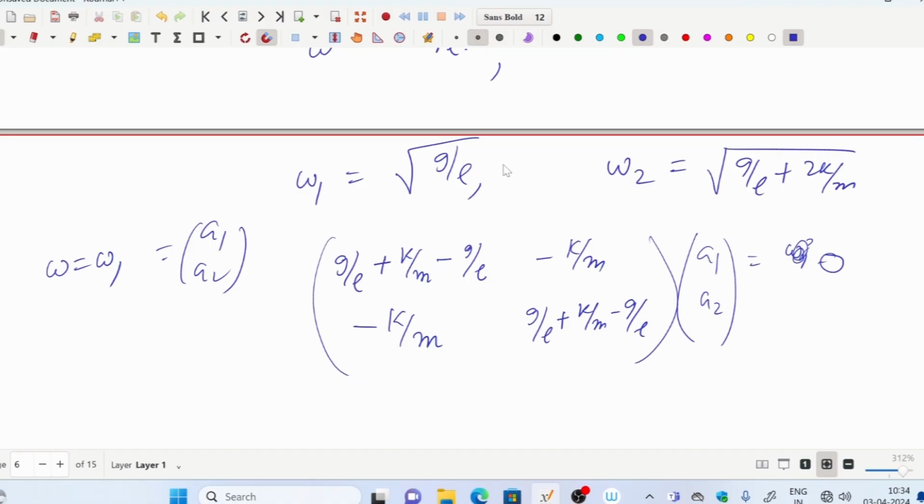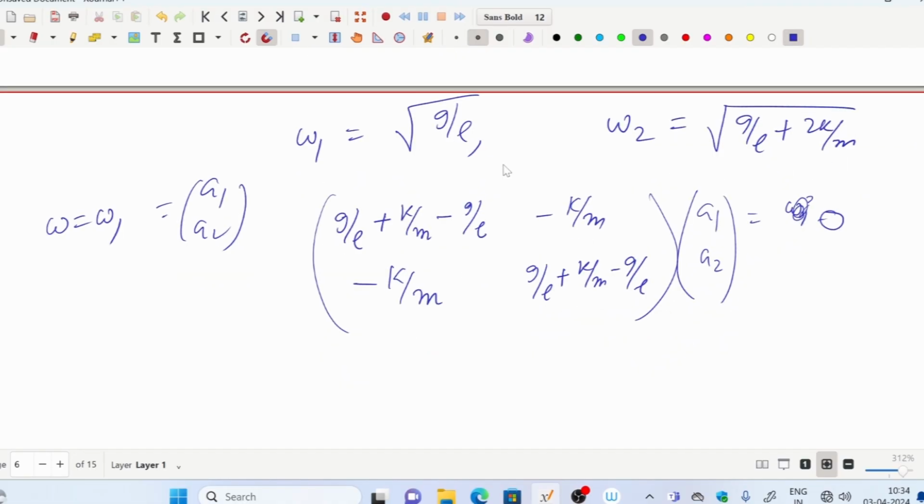So, you will find k by m times a1 minus k by m times a2 equal to 0, and minus k by m a1 plus k by m a2 equal to 0.